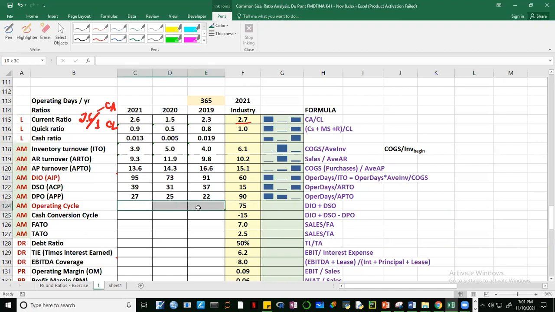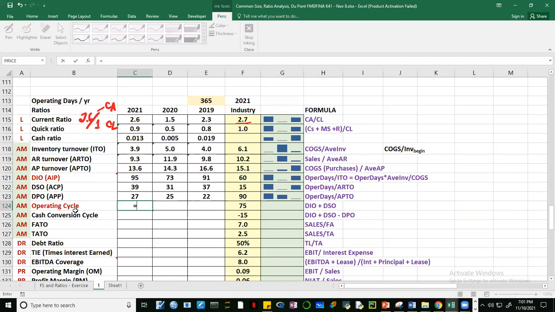Okay, now we go to operating cycle. Now this is very important. Ano yung operating cycle? It's your days inventory outstanding. How many days does it take the company to buy raw materials, convert to finished product, and then sell? And then DSO, collect. So, compute natin to.